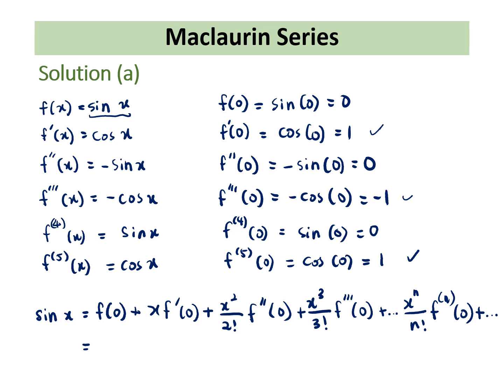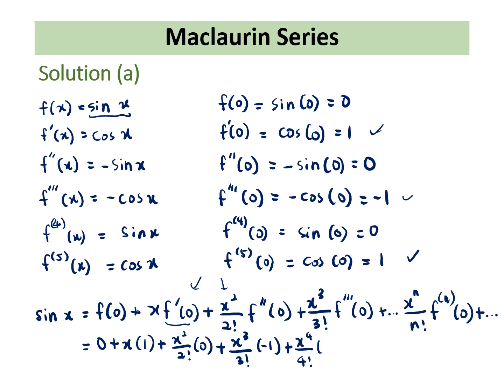So we substitute the value of f(0), the first derivative, all these coefficients into this series. So our f(0) is equal to 0, plus x times f prime, which is 1, plus x squared times 0, plus x cubed times negative 1, plus x to the fourth over 4 factorial times 0.